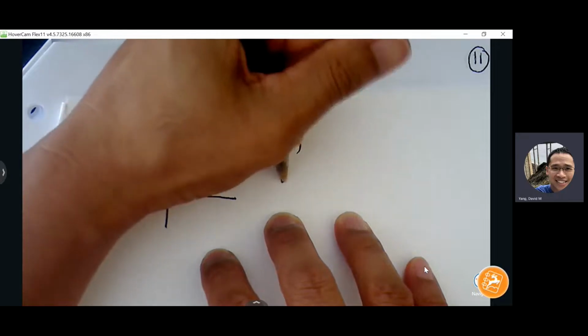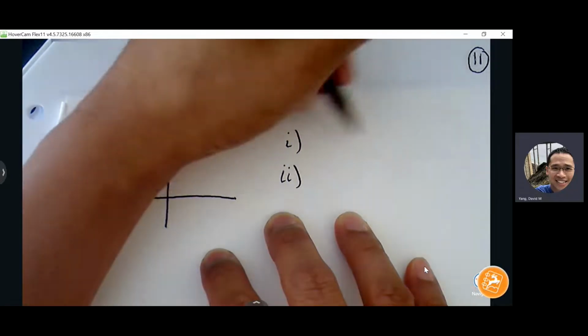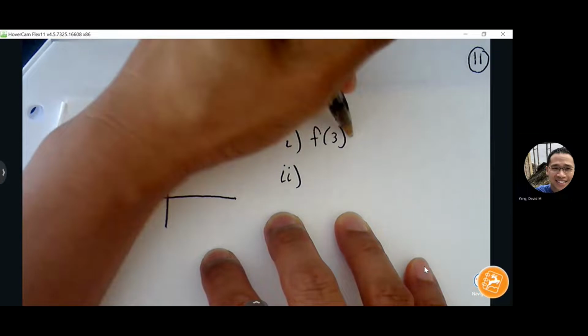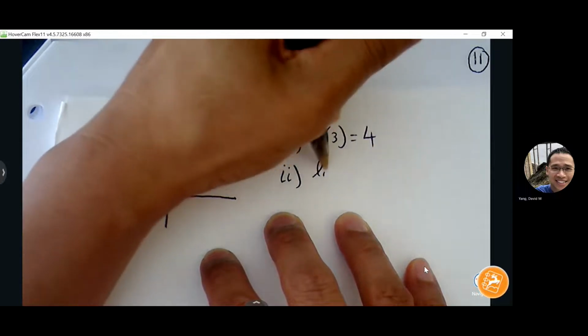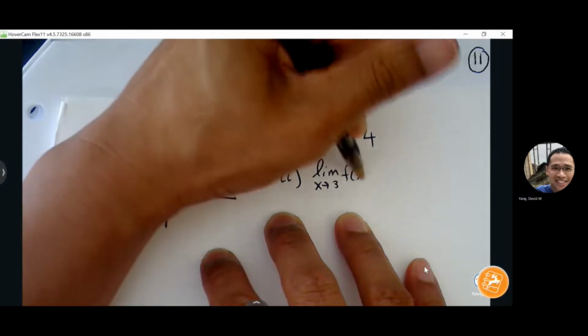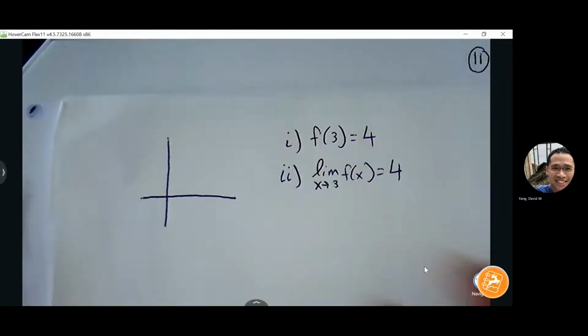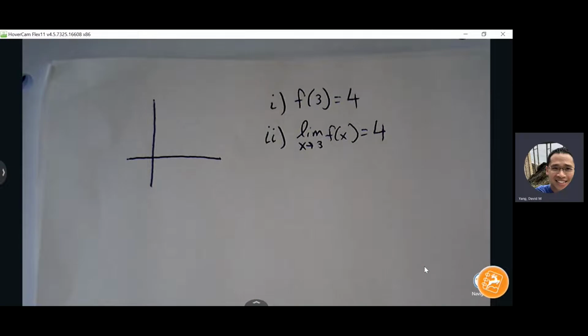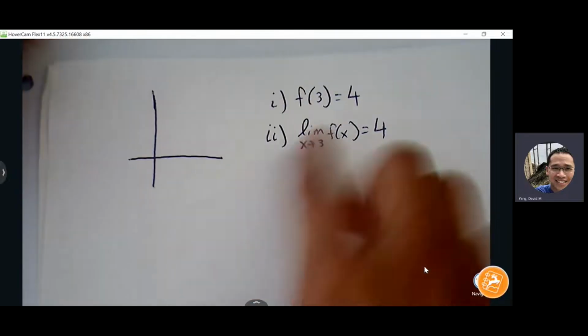So if I ask you for two things here. Okay, if I ask you to graph those two pieces of information onto the graph, let's just see what that looks like. Okay, so we know what a point is.